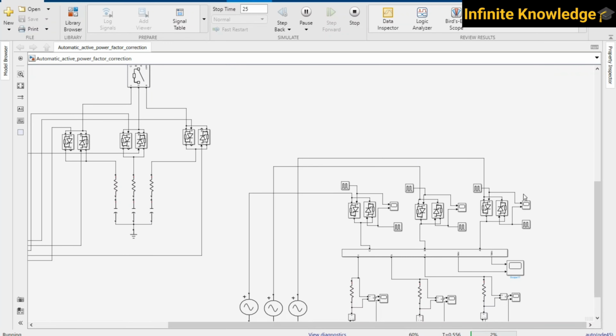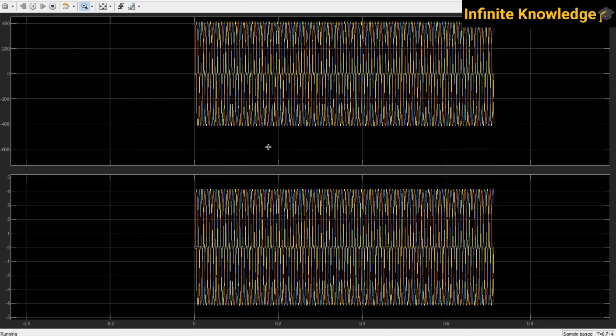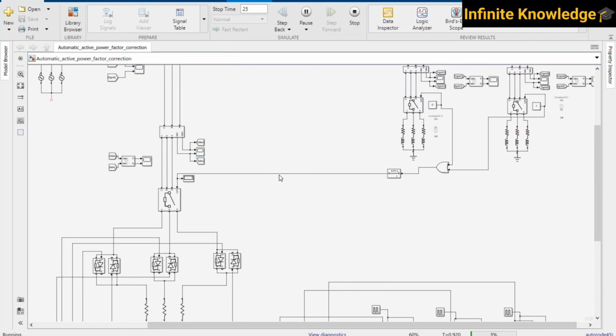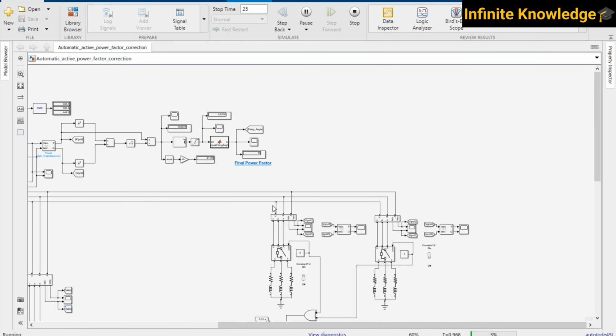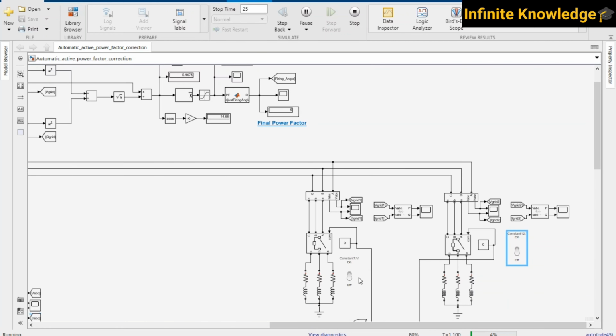As the angle is lower, you are getting a pure sine wave and more output. As the angle is increased, you are getting less output. That's why I have used this concept over here. And for this we are getting 10 degree. If I reduce it below, the power factor drops, that's why it finally comes to the zero condition.